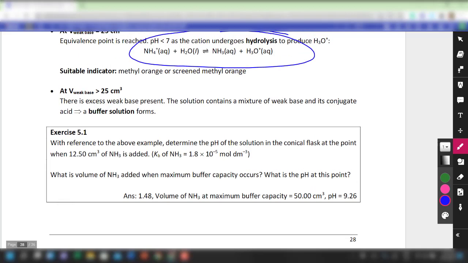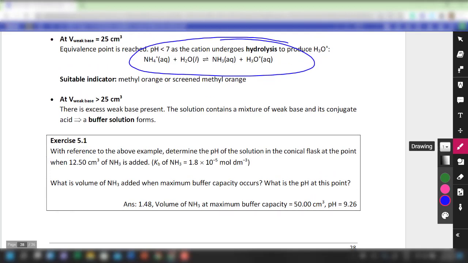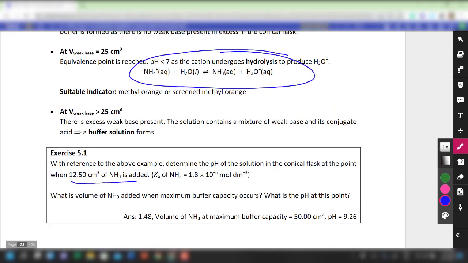Okay, so we can easily calculate this. So when 12.50 cm³ of ammonia has been added, all the ammonia added would have reacted with H+ to give us ammonium.